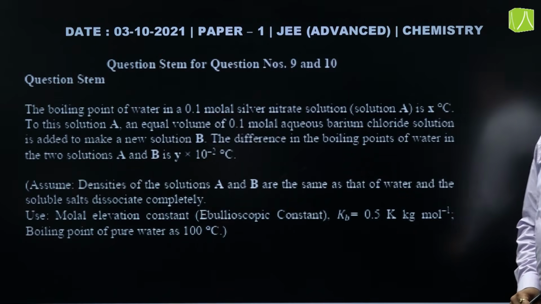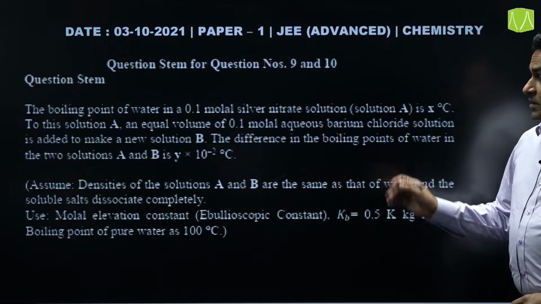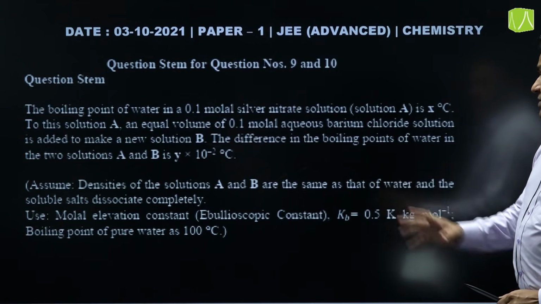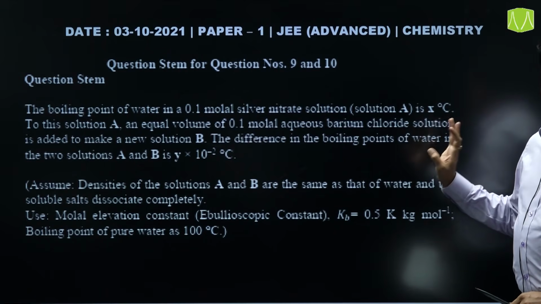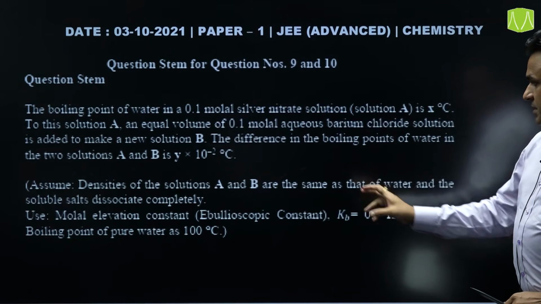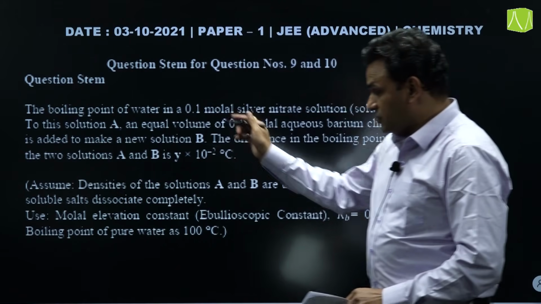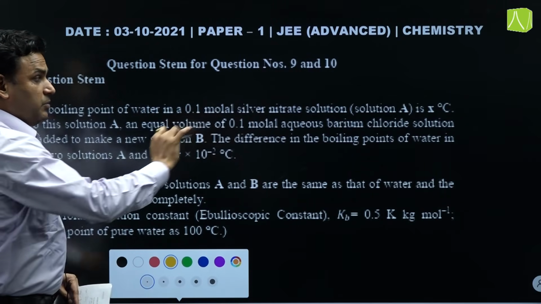Next question is from colligative properties. Boiling point of water in a 0.1 molal silver nitrate solution, solution A, is equal to x degree centigrade, that is boiling point. Now, the Kb is given to us, the value of Kb is equal to 0.5. So, we can calculate the value of x easily because x is the boiling point.